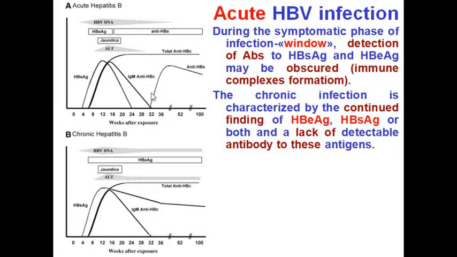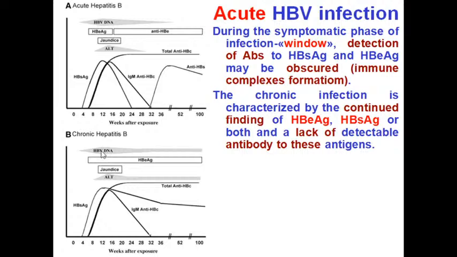So when we perform it, we don't see the HBs antigen or HBs antibody. That's why it can be a problem. So except for HBs antigen, some other serological markers are supposed to be used; only HBs antigen and antibody are not enough.